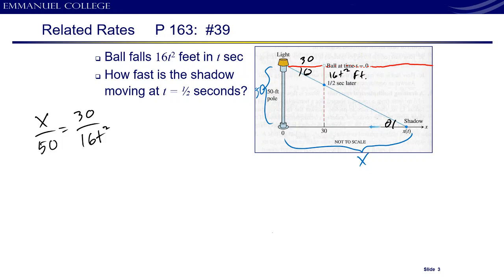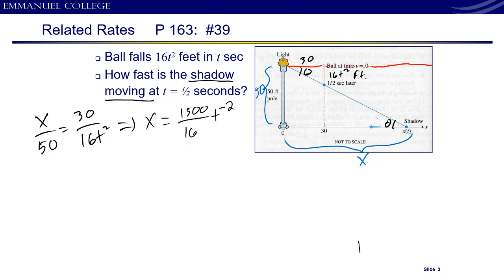So now I'm going to get x by itself, because remember, I care about the rate of change of the shadow. So if I multiply both sides by 50, I get x is equal to 1500 over 16t squared. And then what I'm going to do is make this t to the negative 2, just to make life a little bit easier. Because I would rather not have to do a quotient rule.